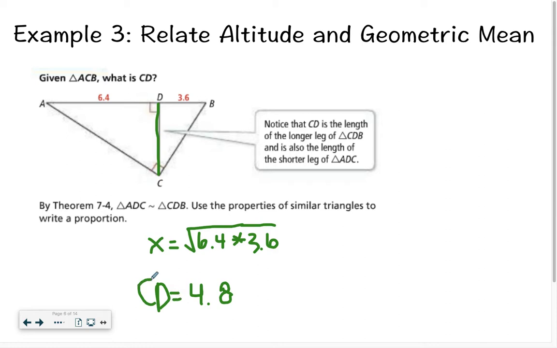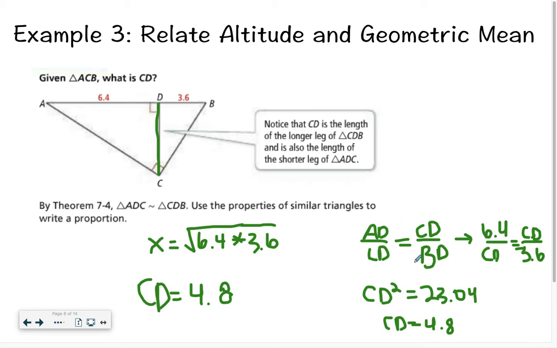However, that's how I would do it, but I do want to show you what the book would say. The book would say to set up a proportion, which would look something like this. You start by writing the proportion of the corresponding sides. So you'd say AD over CD equals CD over BD.